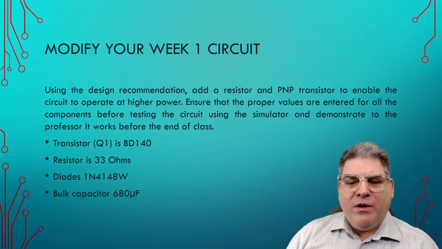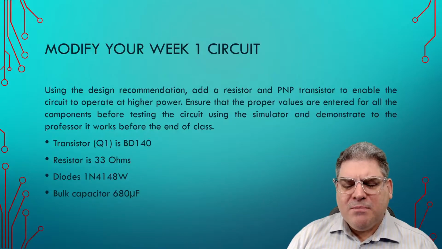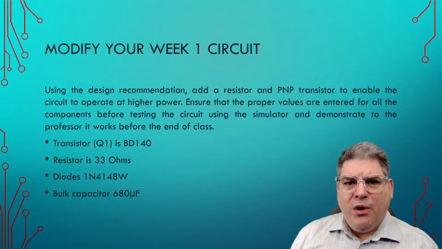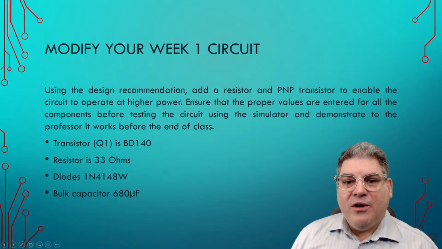And we're going to bring up that capacitor from our previous value to 680 microfarads. And while we're at it, I'll take a couple minutes and show you a couple things that you would have had when you were trying to get your circuit going.